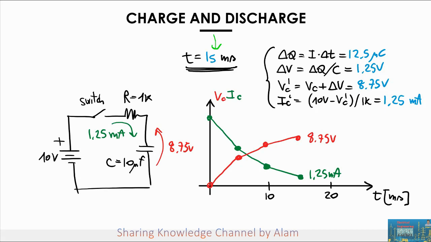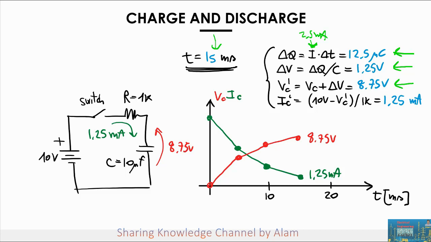T equal to 15 milliseconds, so we keep going ahead, 5 milliseconds every time. Same as before, the current was equal to 2.5 milliamp in this case. We still multiply by 5, so now we get 12.5 microcoulomb. That means the additional voltage in the capacitor is 1.25, and now we are summing 7.5 plus 1.25, and we get 8.75.